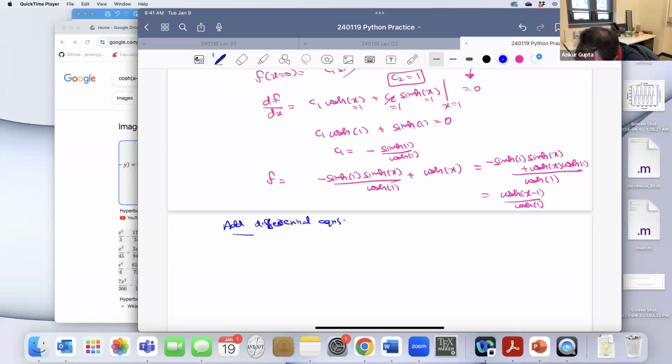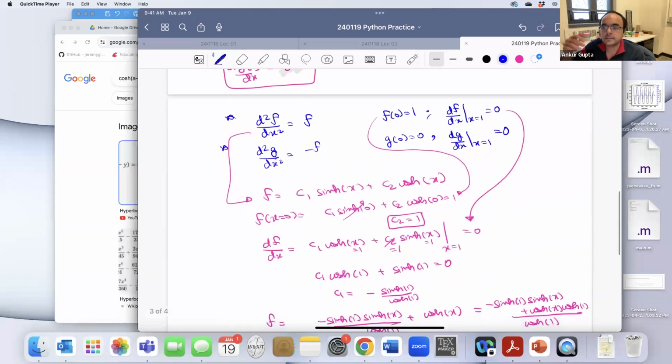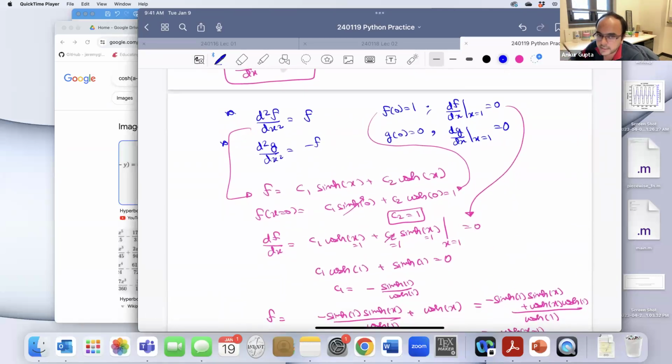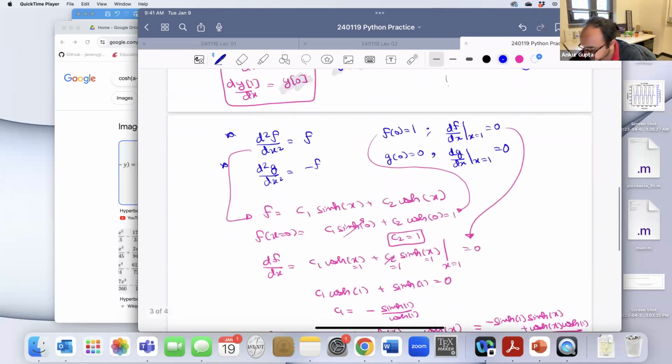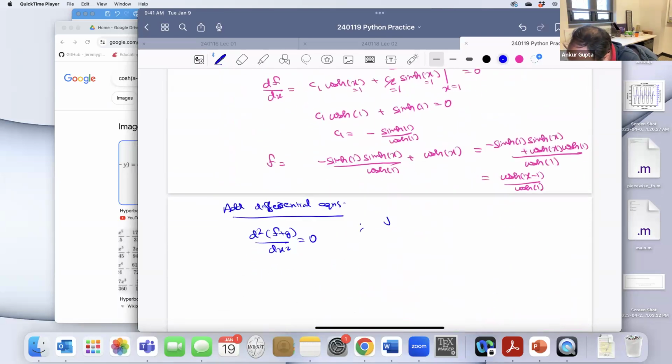This isn't some difficult thing to see: the right hand side is the same with the opposite sign. So you'll get d square of f plus g by dx square is equal to 0. For the boundary condition, we can just sum them again, so f plus g at x is equal to 0 is equal to 0.